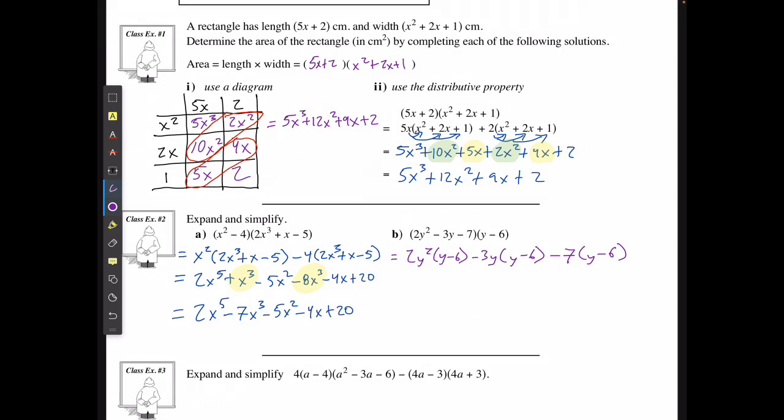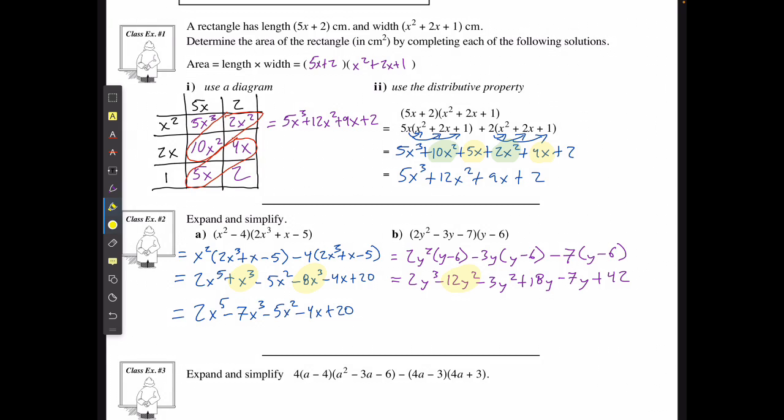And the same principle works. As long as I distribute the coefficients into the brackets properly, I'm going to get 2y to the 3, negative 12y squareds, negative 3y squareds, positive 18y, negative 7y, and positive 42.